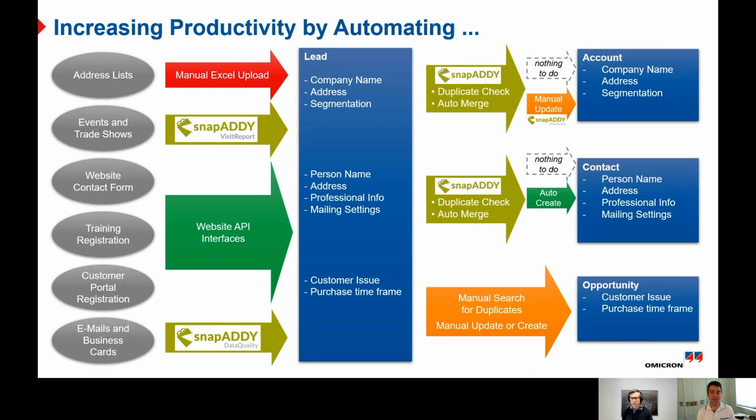If snapADDY determines that the person does not exist, we just automatically create the contact without anybody needing to do anything manually. Or we also have a manual update if it's some fields where we weren't comfortable with automatic updates, and we have full capability to configure that. And of course, at the bottom, the manual search for duplicates is all still the same. We still like to do that process manually.